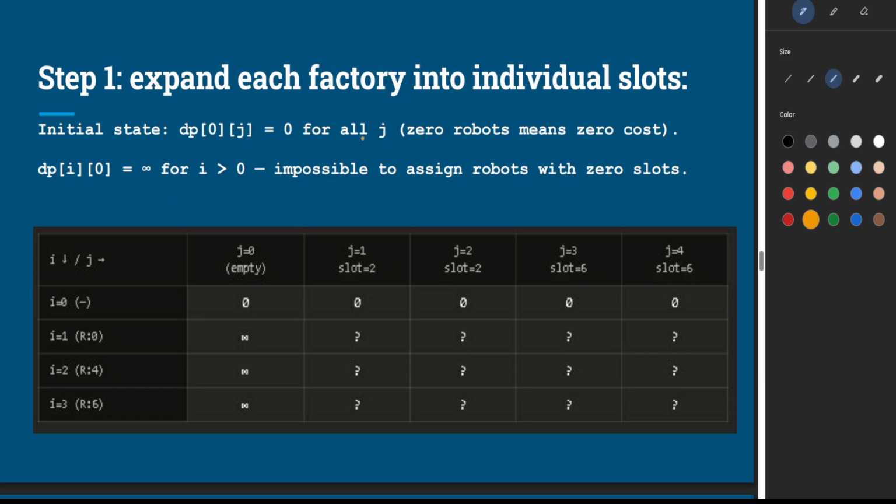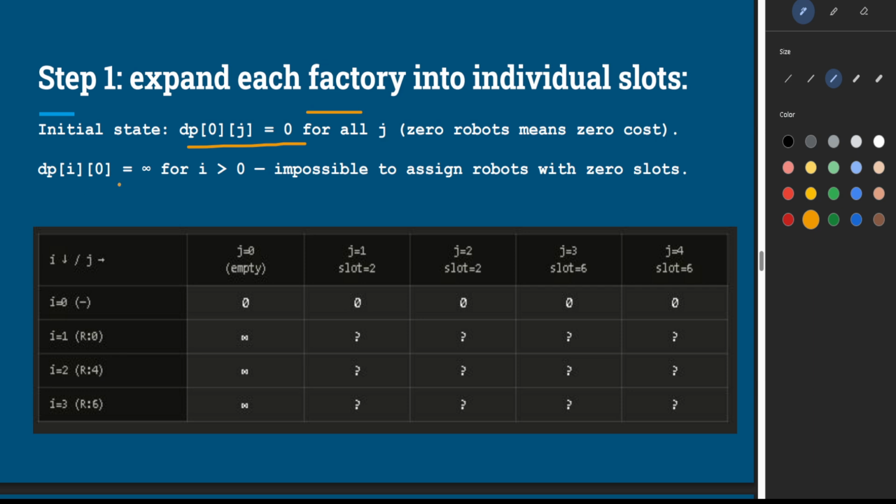Now we will expand the factory into individual slots. This means we expand each factory and provide the individual slots. How? The initial state is dp[0][j] = 0 for all j, because 0 robots means 0 cost. If there is no robot, no cost is required.